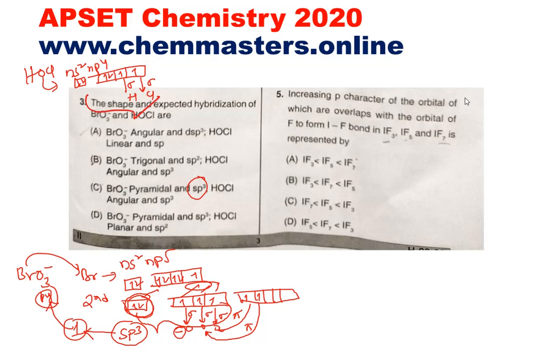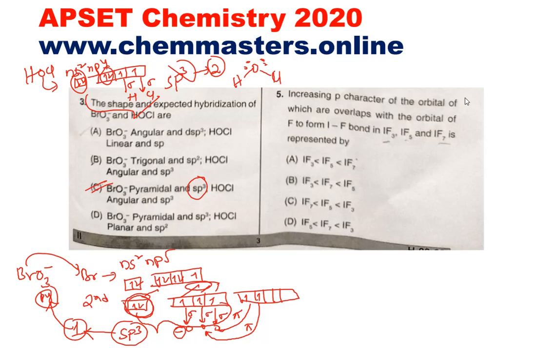You can see the involvement of s and 3 p orbitals, which make sp3 hybridization with 2 lone pairs, one here and one here, which leads to angular geometry or shape. So you can draw like this. Now the third option is the correct answer.